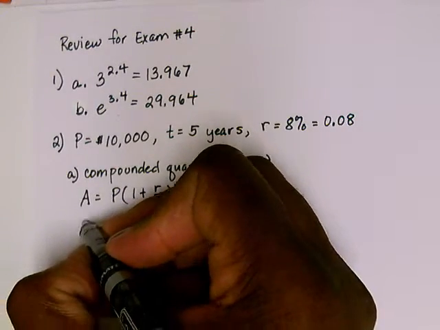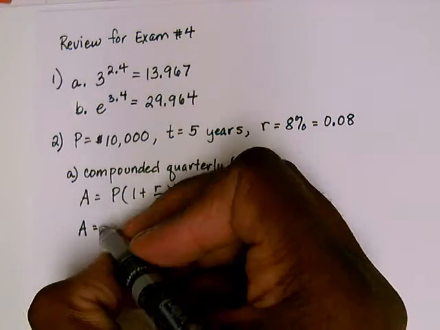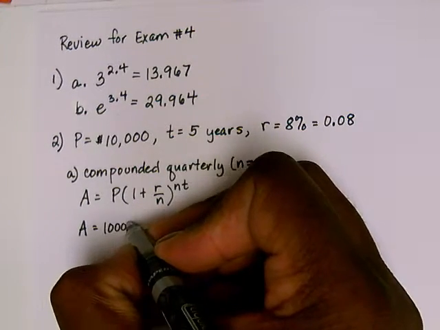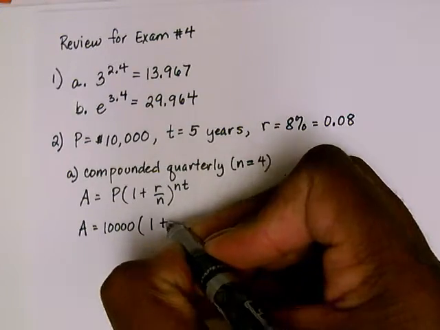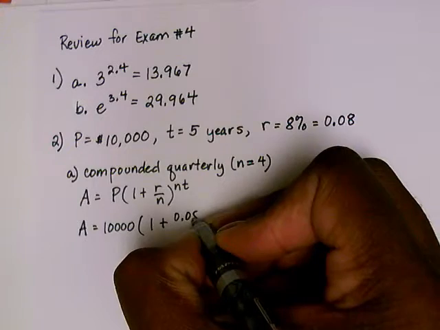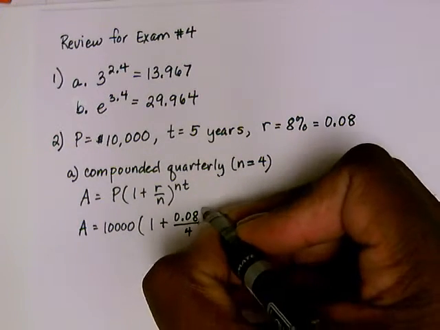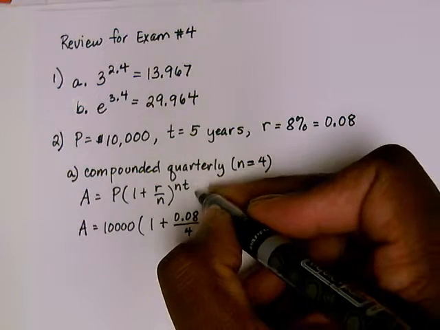Okay, so here we just substitute those values into this formula here. Your P is going to be $10,000 times 1 plus r, that's going to be that 0.08 in decimal form, divided by n, which was 4. And that's going to be raised to the n times t.